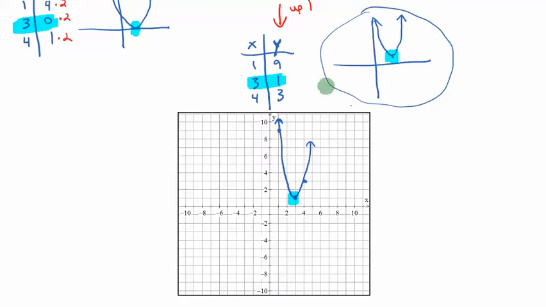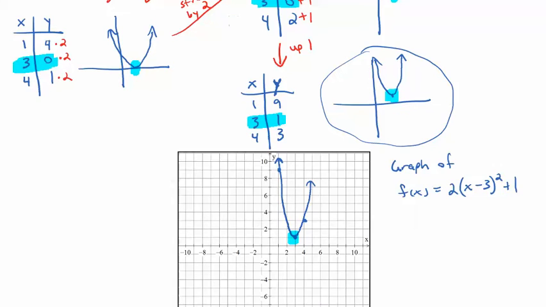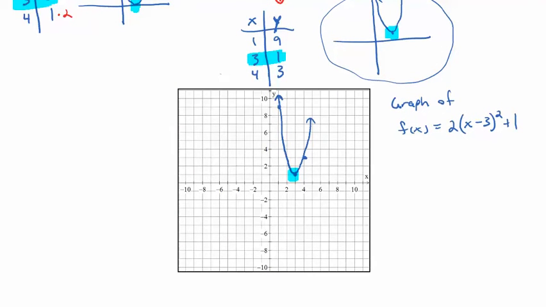So that is the graph of that original function, f of x equals 2 parentheses x, was it minus 3 squared plus 1. Let me double check that real quick. Okay, so that is the graph that we were looking for. And we can check this by plugging in any ordered pairs.